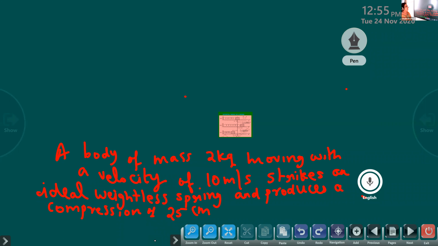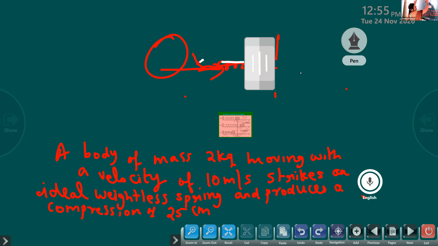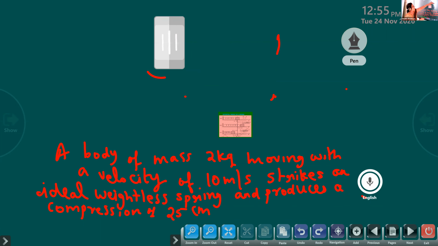So it's clear, it is simple. If you picturize it, a body is coming and colliding with the spring, and the spring gets compressed for a small fraction of time.